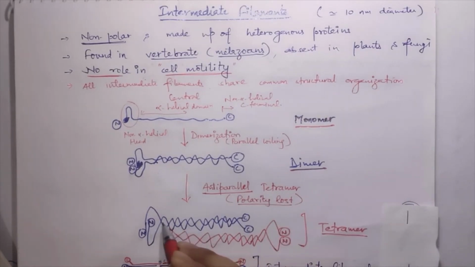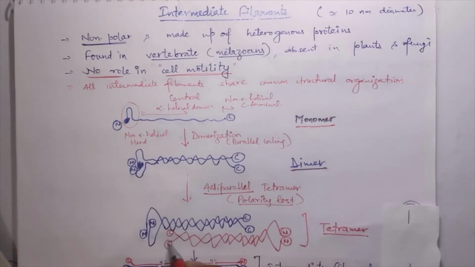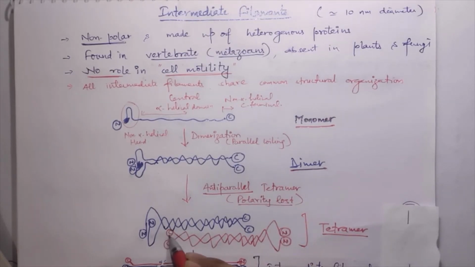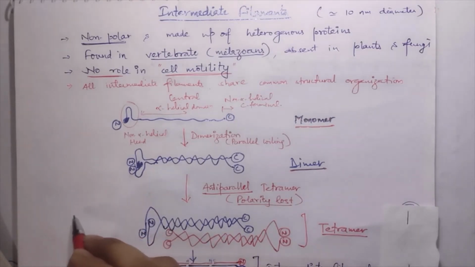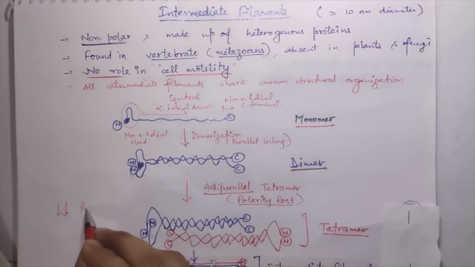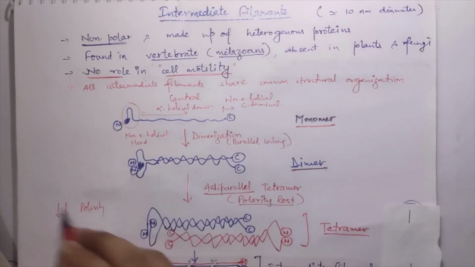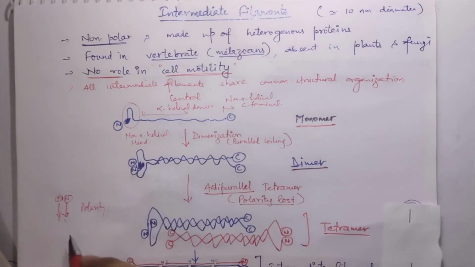This is the blue colored dimer with its N-terminal ends, and here the red colored dimer exposes its C-terminal ends towards the N-terminal end of the first. So the polarity would be N-terminal on the same side and C-terminal on the same side.